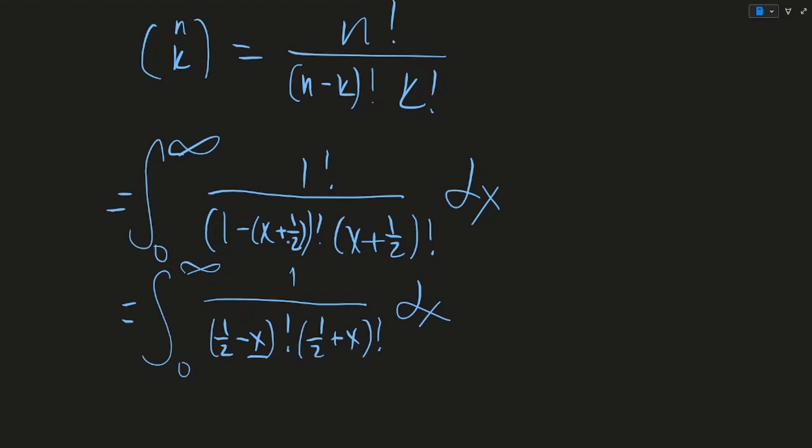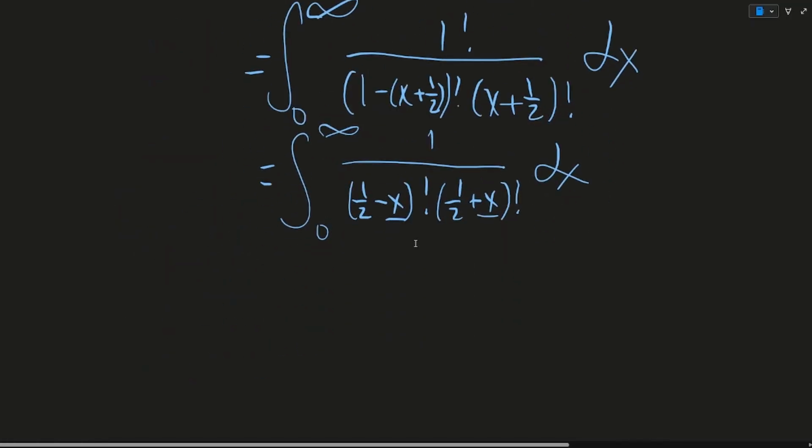Now notice that this x here is a real variable since we're integrating across the positive half of the real line. So we can actually rewrite this in terms of the gamma function, because if we were to compute the factorial of a real variable, we wouldn't really be able to do anything without the gamma function, because the gamma function is what allows us to take the factorial of, say, rational or irrational numbers.